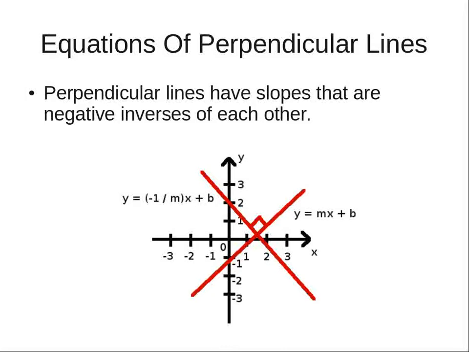Okay? Another example, if a line has a slope of 2, then perpendicular lines will have a slope of -1/2. So the product of the slopes of perpendicular lines always equals -1. Okay?